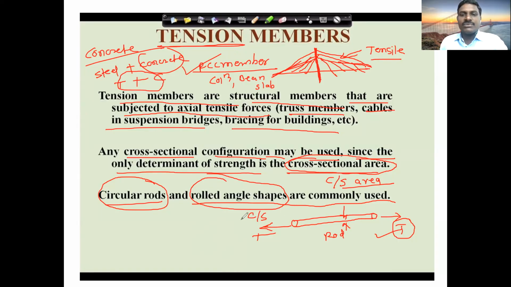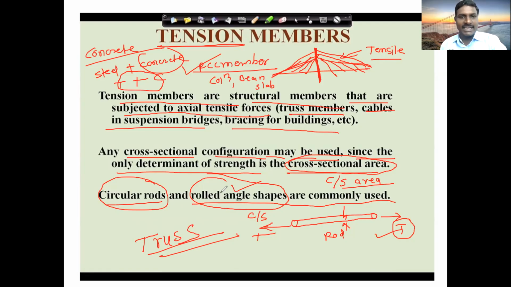So these angles we are using as a tension member in a truss. Generally, commonly in a truss, we are providing these angles. So commonly these two sections or two shapes we are using as a tension member. So got it about the tension member?